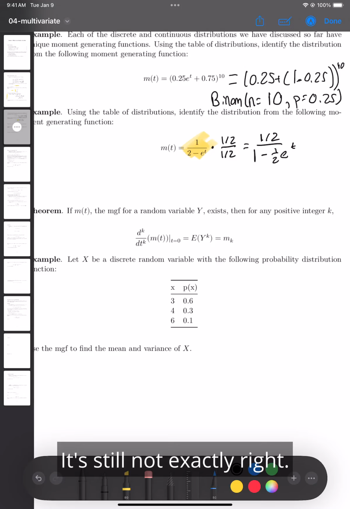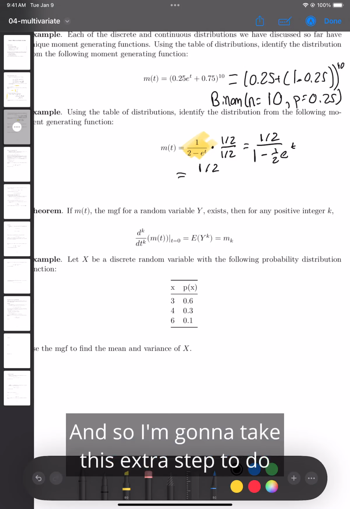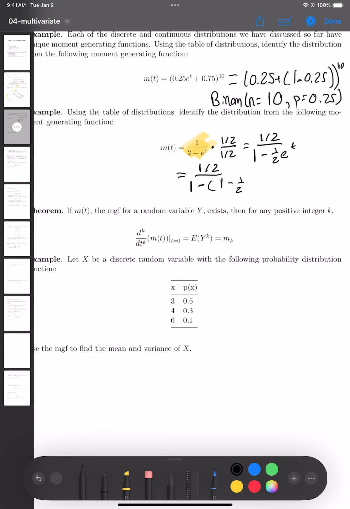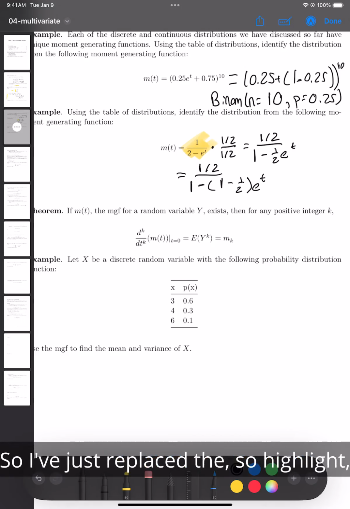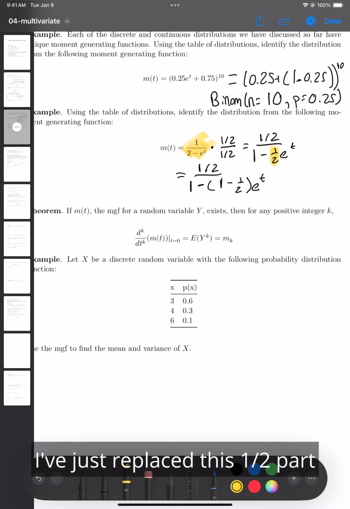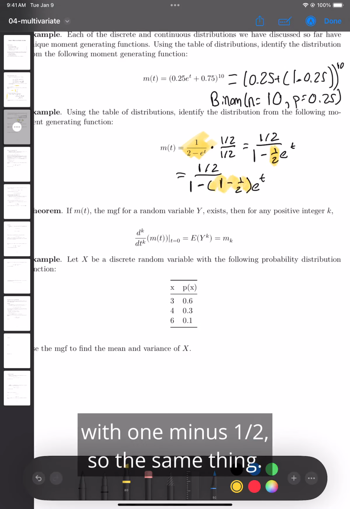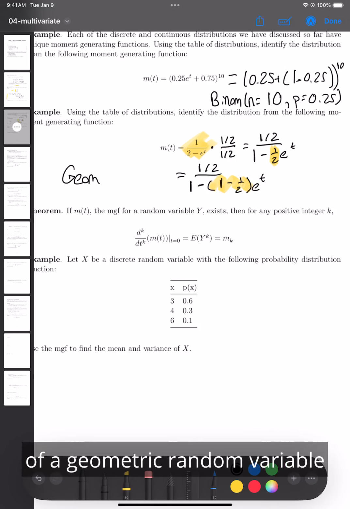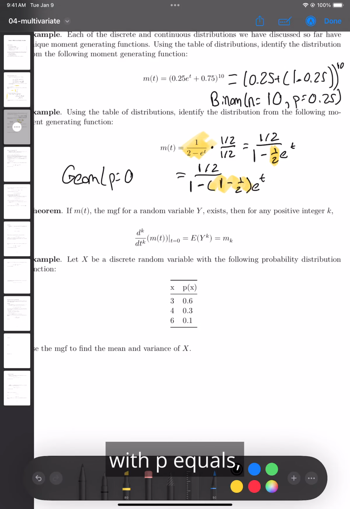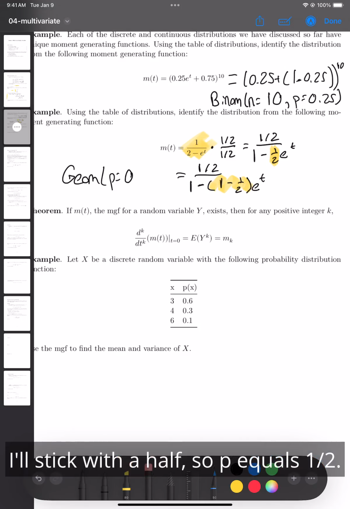It's still not exactly right, so I'm going to take this extra step, which is the exact same thing. I've just replaced this 1/2 part with 1 minus 1/2. So the same thing. And now it looks exactly like the MGF of a geometric random variable with p equals 1/2.